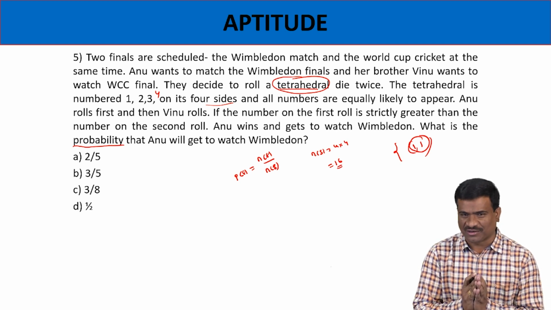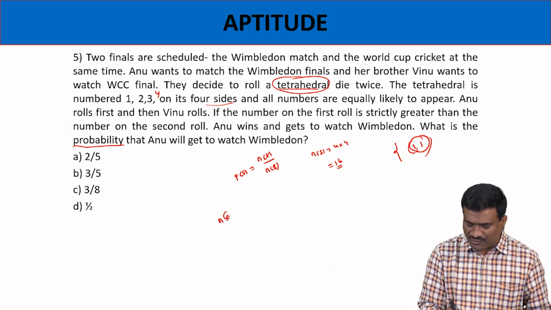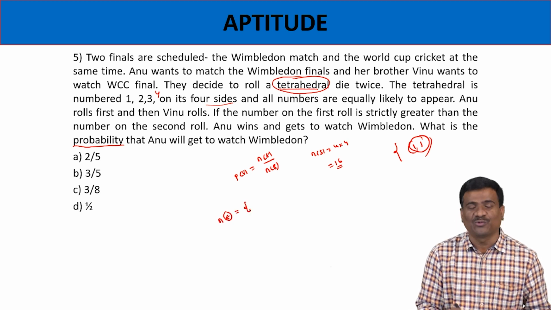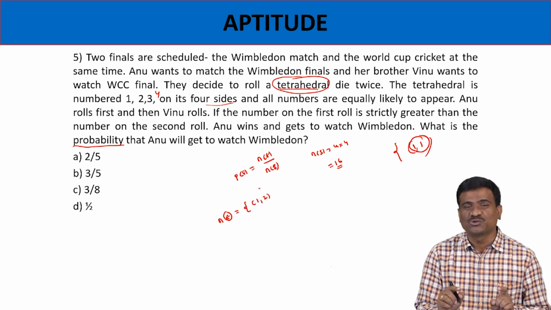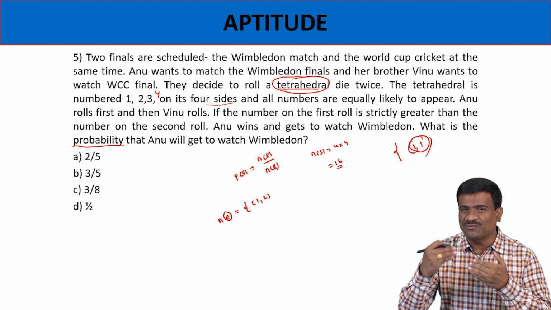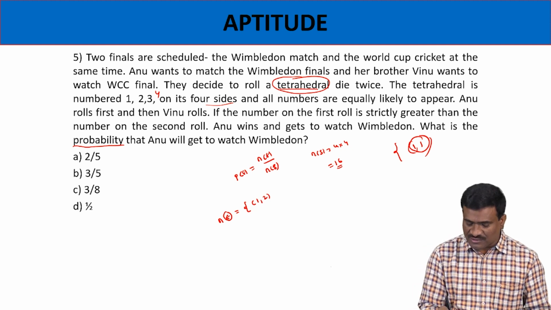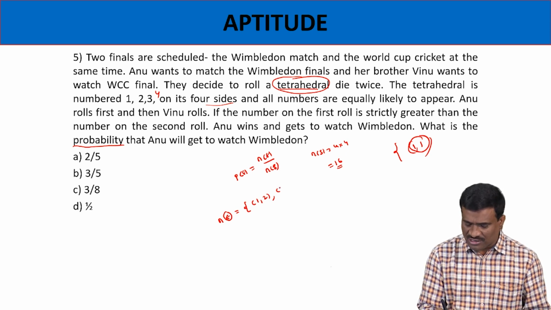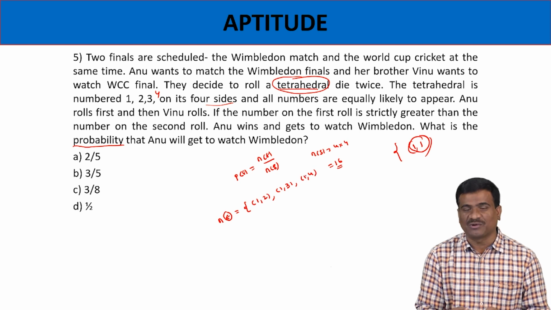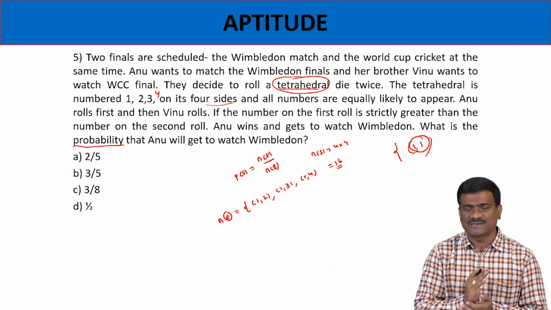Next possibility is 1, 2, because 2 is greater than 1; the second one is greater than the first one, then only it is possible. Similarly, with 1 fixed: 1, 2 possible, 1, 3 possible, 1, 4 possible. Maximum only 4, as already given, 4 sides only.